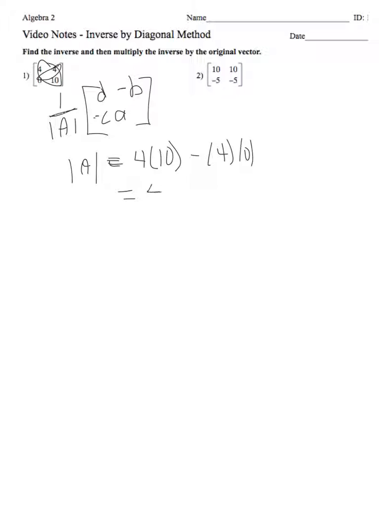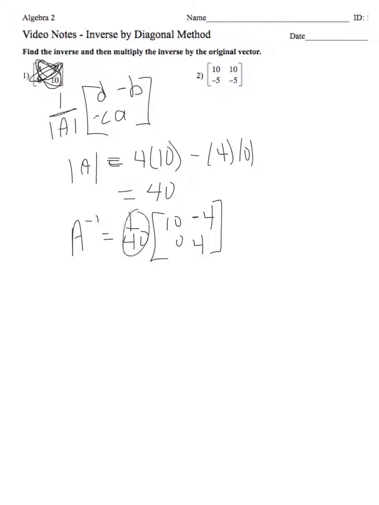That's just 40. So the inverse of this matrix is 1 over 40. And now I'm going to do the switch. The 10 and the 4 change places, so the 10 goes up here and the 4 goes down here. Then the B and the C become negative, so that becomes a negative 4 and that stays a 0.